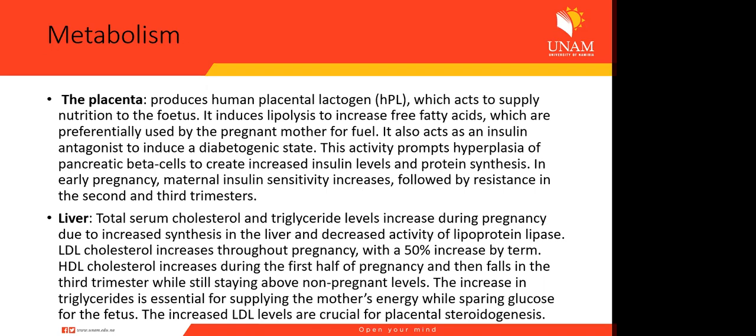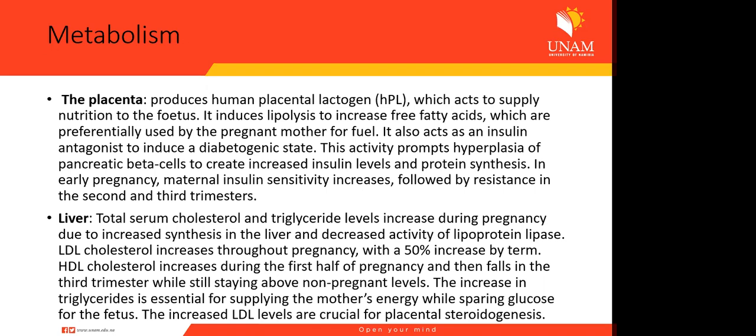All right, there's increased synthesis of cholesterol and triglycerides by the liver during pregnancy. The LDL cholesterol increases throughout pregnancy, with a 50% increase at term. HDL cholesterol increases during the first half of pregnancy, but falls during the third trimester and may stay a little above non-pregnant levels.